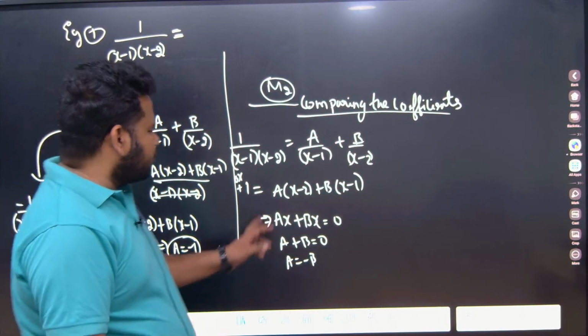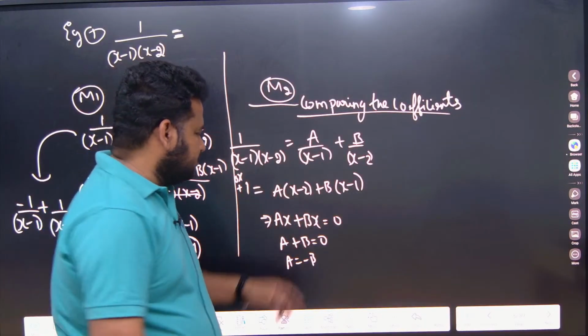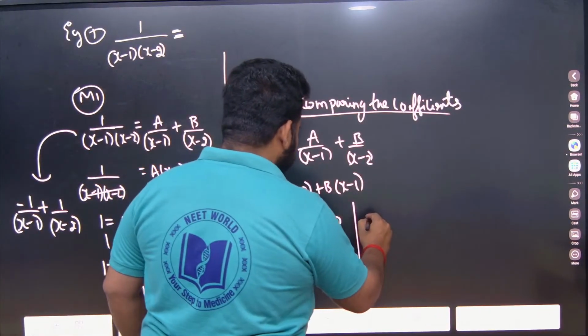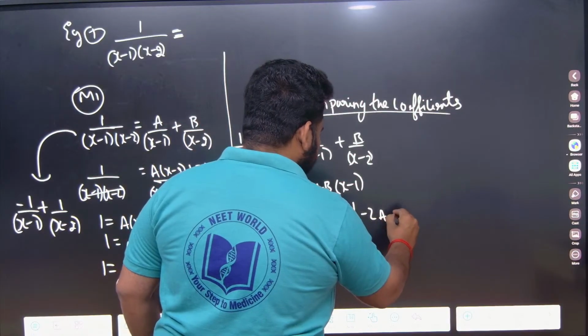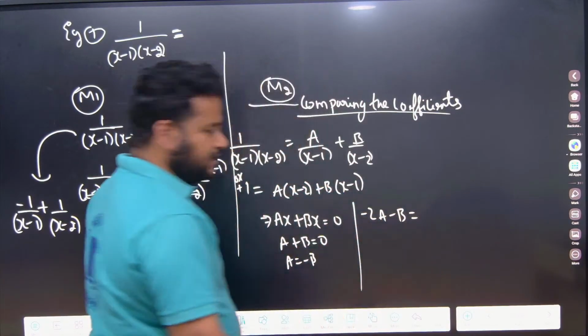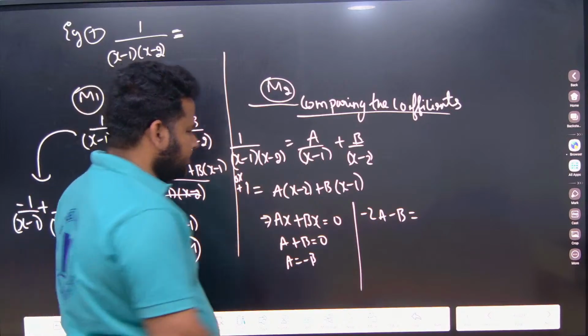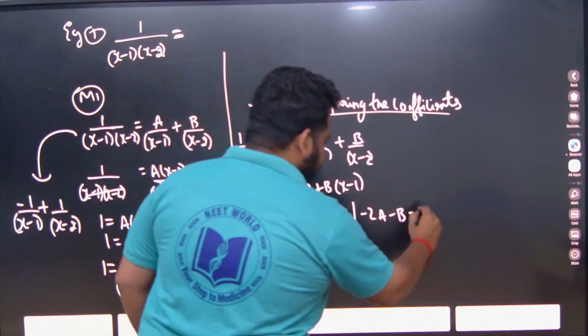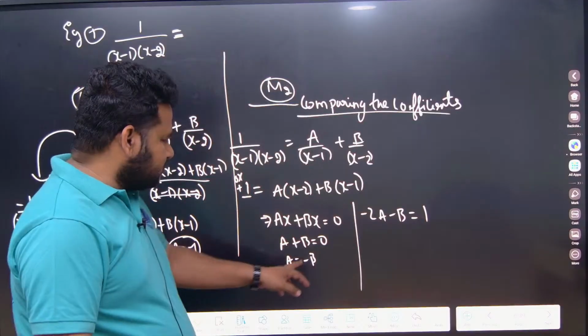Now let us compare the constants. Here I will have minus 2a minus b is equal to 1, since the constant value is 1. Now I told you a is equal to minus b.